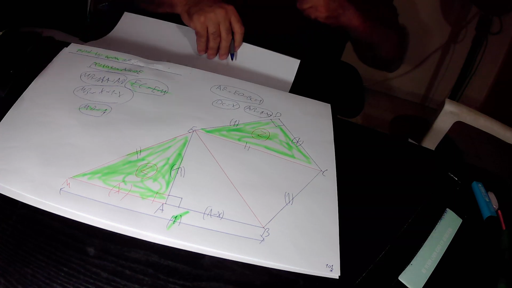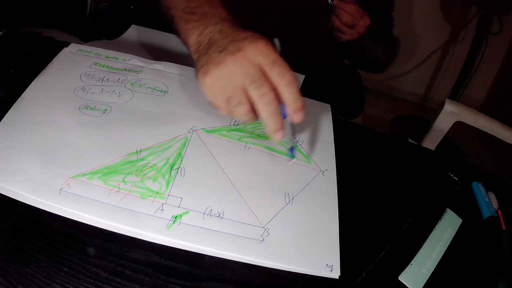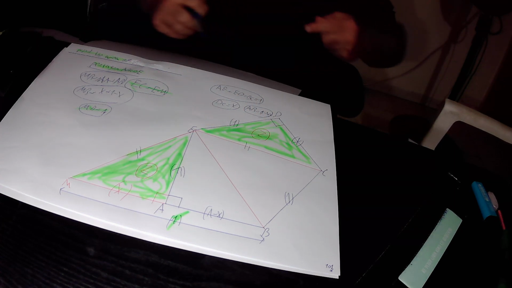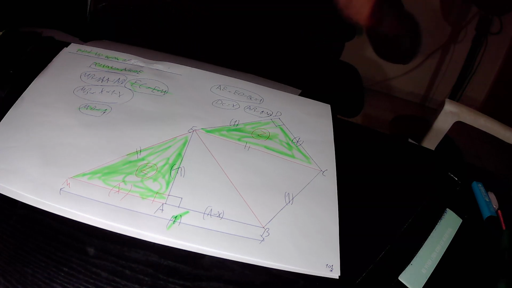Actually, the area of this big pentagon ABCDE must be equal to the sum of the areas of the shapes that it consists of.